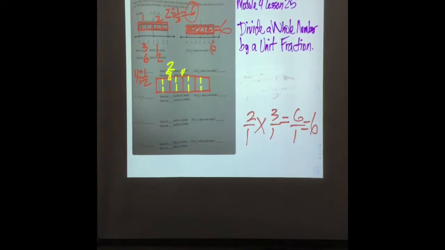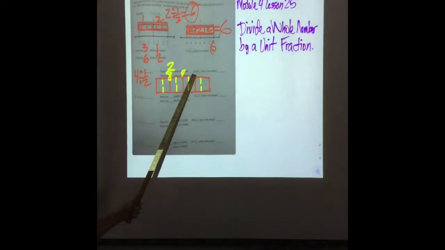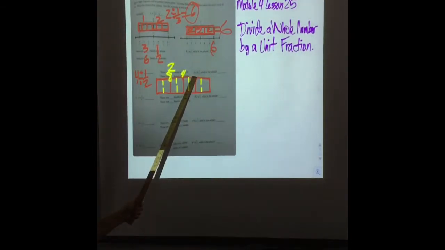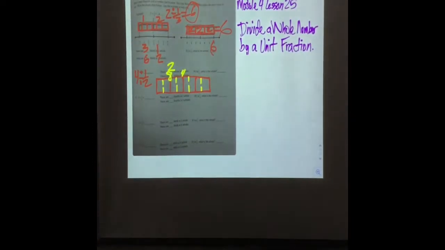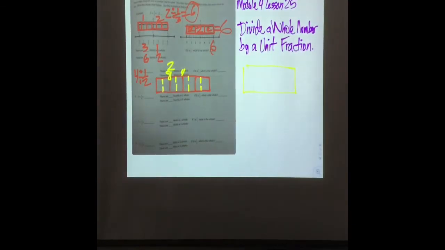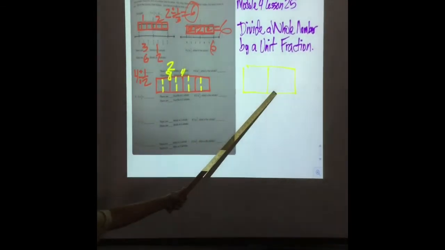I'm going to erase this over here on the side because I'm going to use this. This is questioning if 4 is in a half. I made something, I made it in half, right? How many halves do I have?